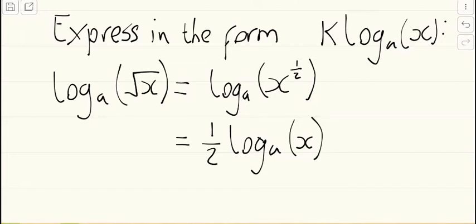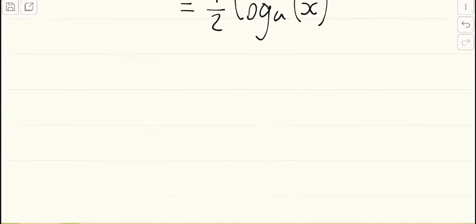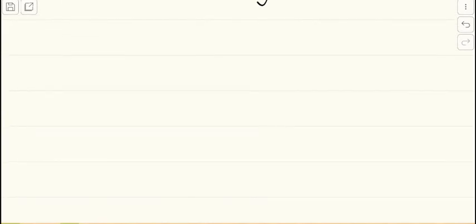Right, let's go through one more example. Suppose you have this as an example. Let's take log to the base a of 1 over x cubed.